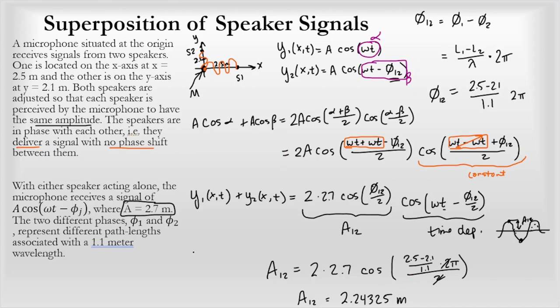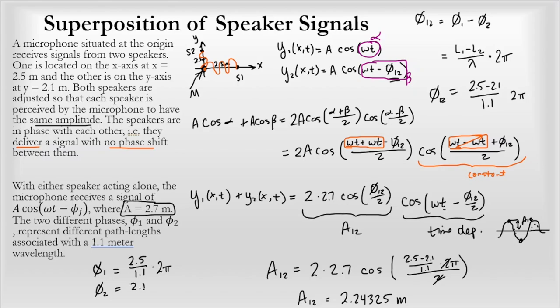I will say that if you wanted to find phi 1 and phi 2, you could possibly do that. You can find what proportion of a wavelength those speakers have traveled. So like 2.5 over 1.1: speaker 1 travels 2.5 meters, and the wavelength is 1.1. Then if I multiply by 2 pi, that's the phase angle there.